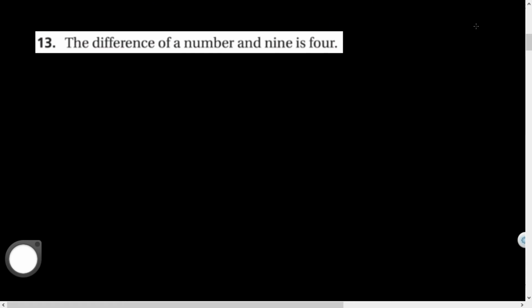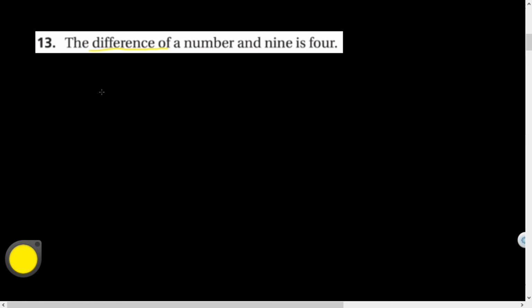For question 13 here, they want us to write an algebraic equation. An equation is going to have an equal sign involved. So this is a verbal sentence because it's got a verb, I guess? And I'm not an English-atician. So let's see, the difference.